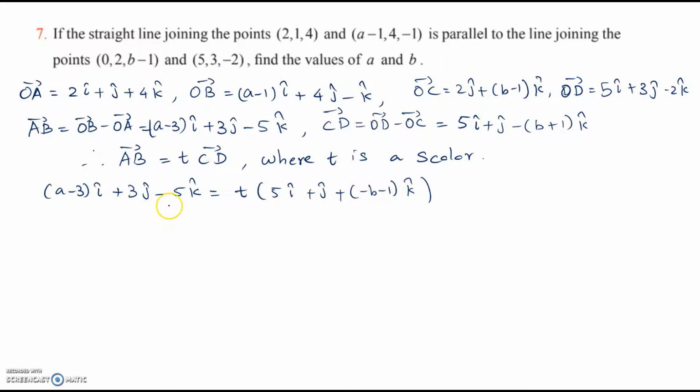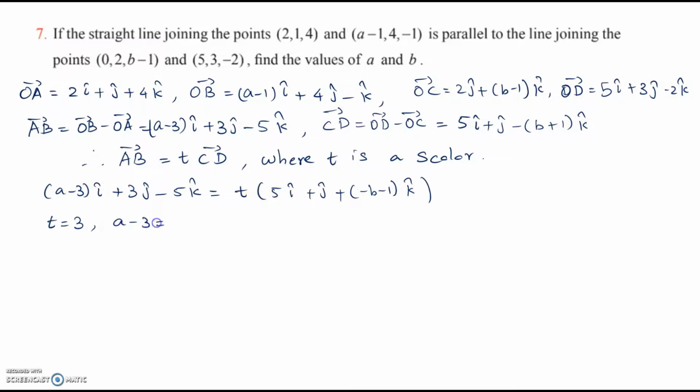Now, let's take the coefficients of j. So 3 should be equal to t. So you will have t is equal to 3, right? Similarly, a minus 3 will be equal to 5t.